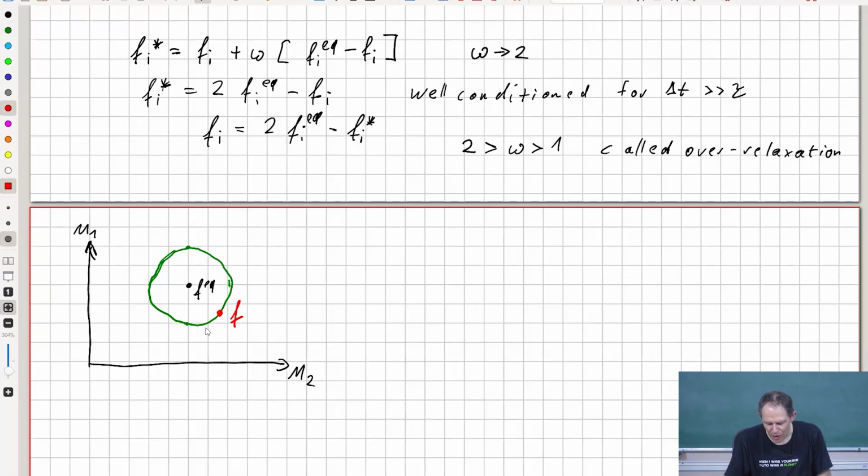Then everything within this sphere, because it will be a sphere in many dimensions, is closer to the equilibrium than F. And everything on the sphere is as close to the equilibrium as F.